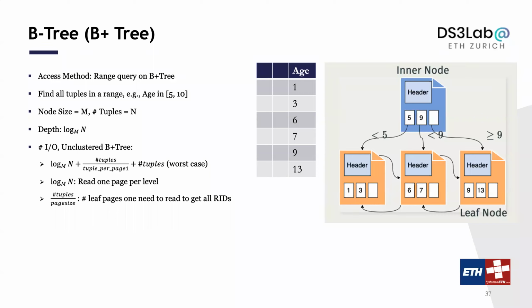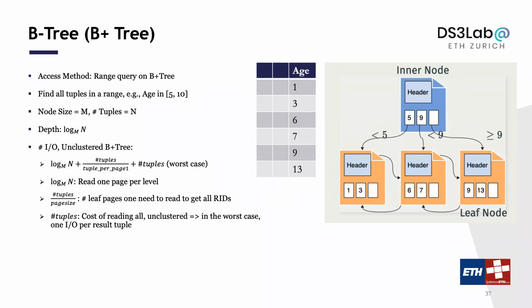So how many pages do you need? You pay a number of IOs equal to the number of tuples that you end up having, over the page size. This is the number of leaf nodes you need to scan. Then for each of those tuples in the result, because it's an unclustered B+tree, I need to fetch the corresponding tuple in the underlying relation.